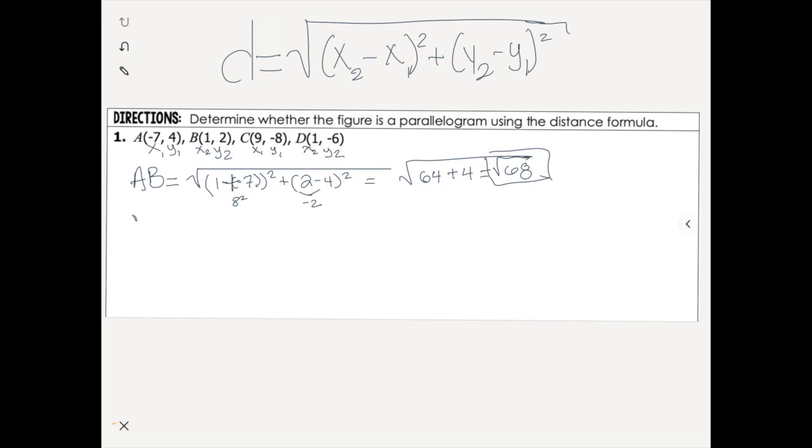Let's check side CD. My x2 is 1 minus 9 squared plus negative 6 minus a negative 8 squared. Minus a negative turns to positive, so you got 2 here. 1 minus 9 is negative 8, and negative 8 squared is still 64. 2 squared is 4. So we have the square root of 68.